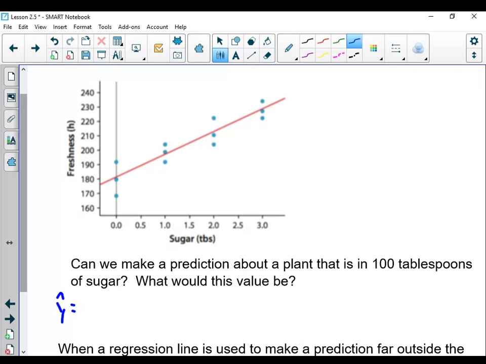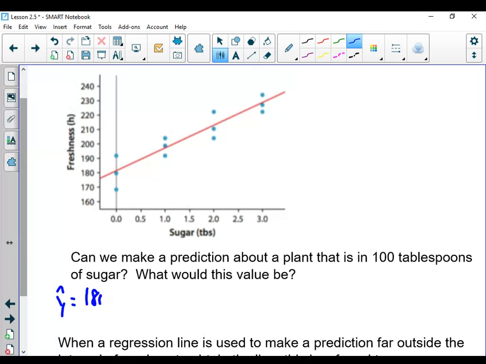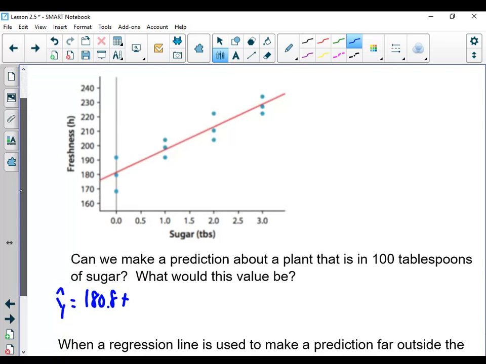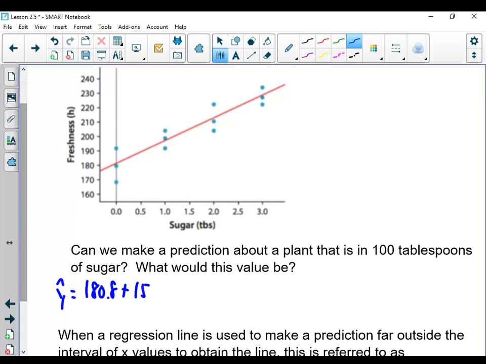If I said, okay, the regression line was 180.8 plus 15.8, now times 100. So I plugged that in because I knew that's how I've been making my predictions in the past. And when I do that, I get 1,760.8 hours.